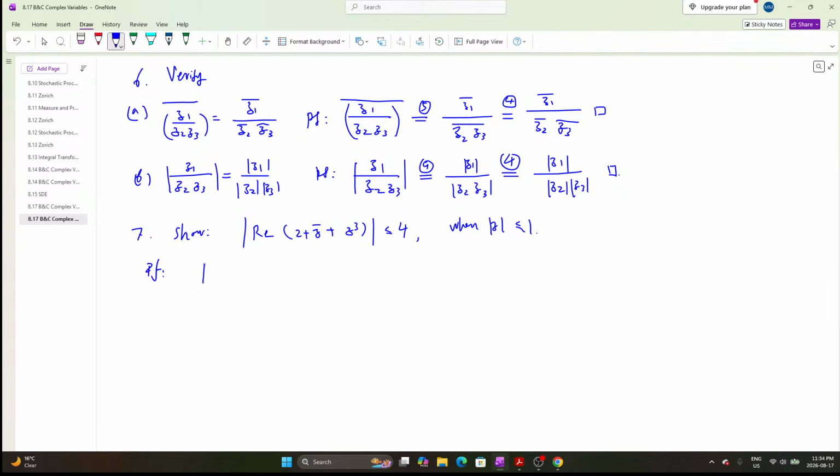This is one of the situations in proving inequalities where you can just follow your nose to go from the left hand side to the right hand side. Typically you need some scratch work, but here it is very straightforward. This is less than or equal to the modulus of 2 plus z bar plus z cubed. Then use the triangle inequality.